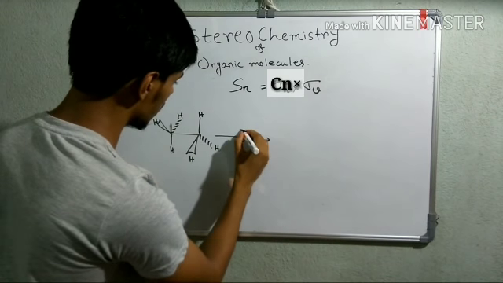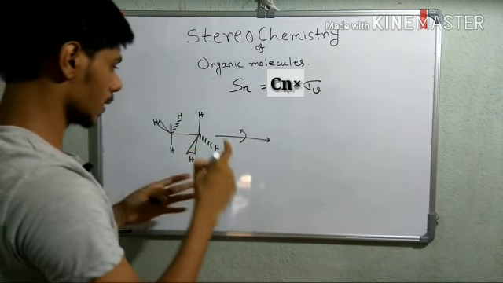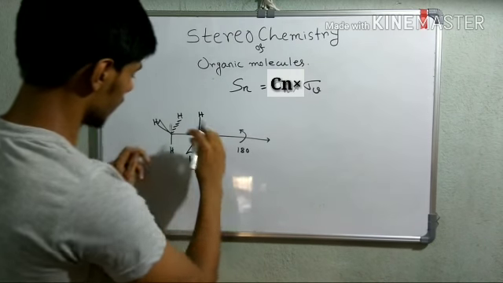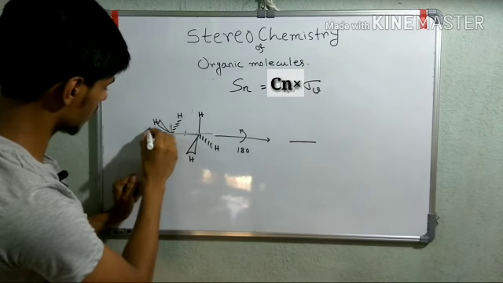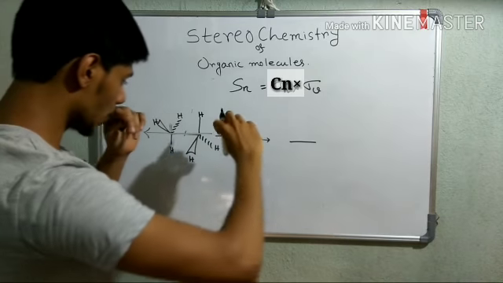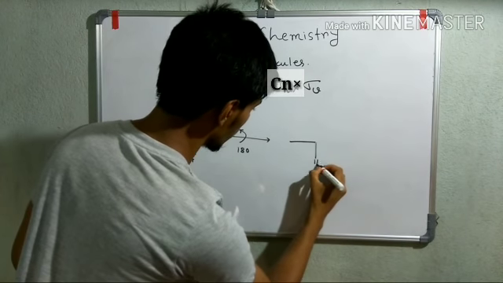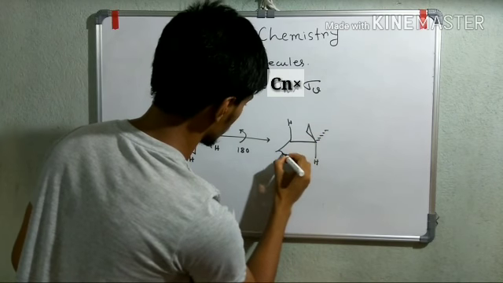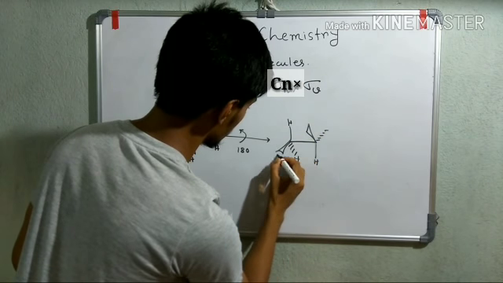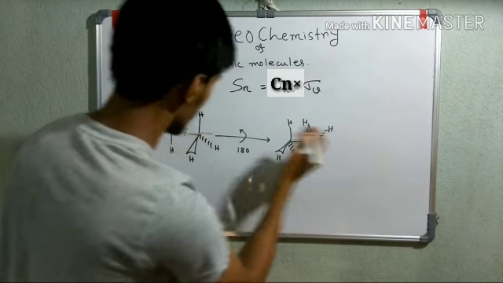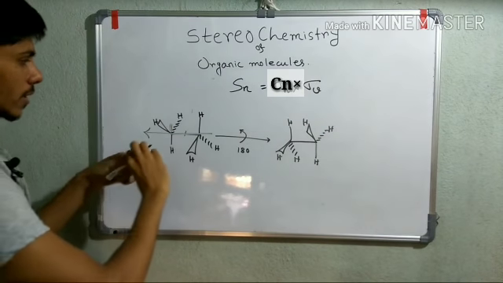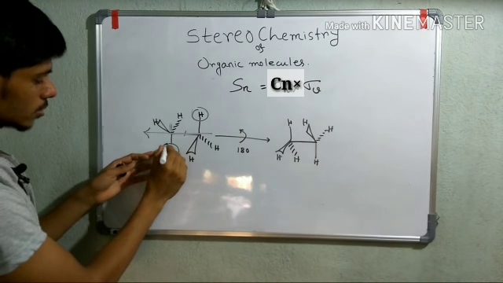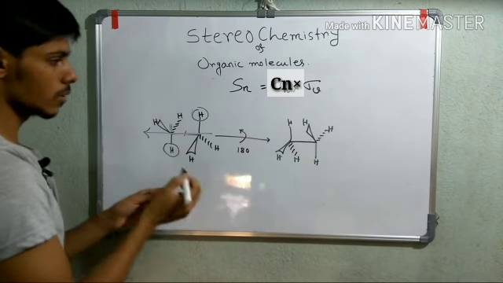So first, let's say it is rotated by 180 degrees along this axis, and if we rotate it by 180 degrees, what we will get? We will get this. Because you can see if you just rotate it by 180 degrees, this top hydrogen will come to the bottom, and this bottom hydrogen will go to the top. So this you will get.